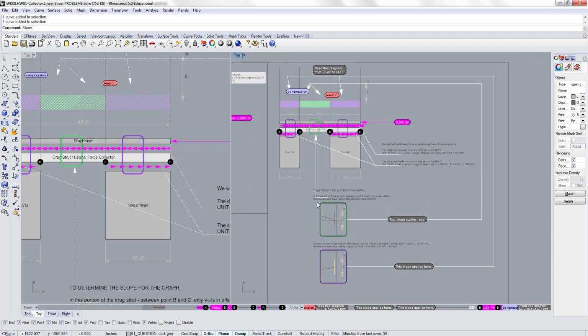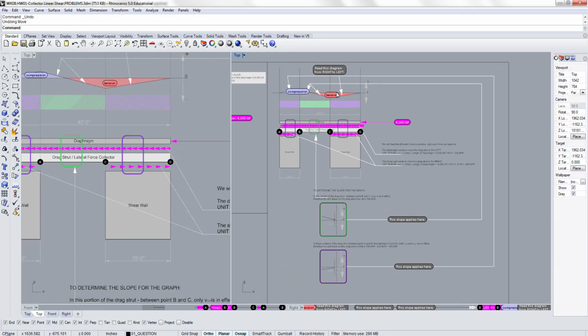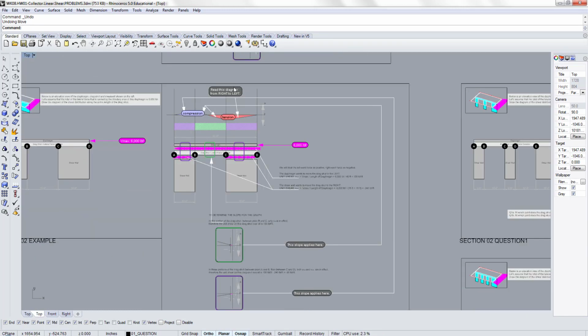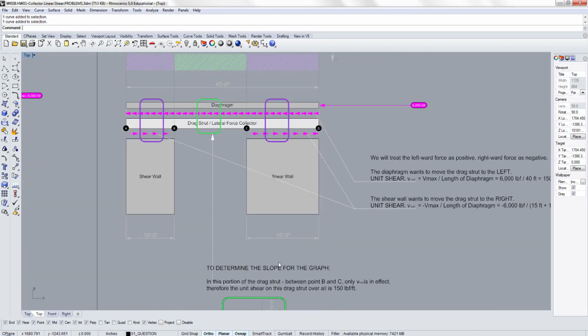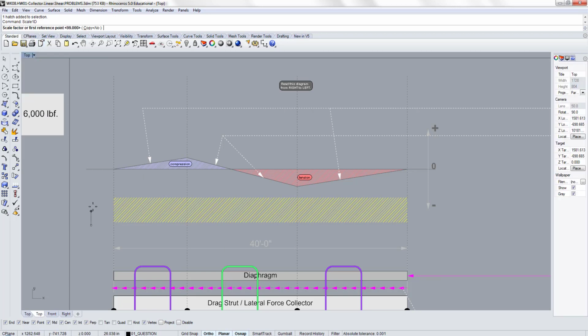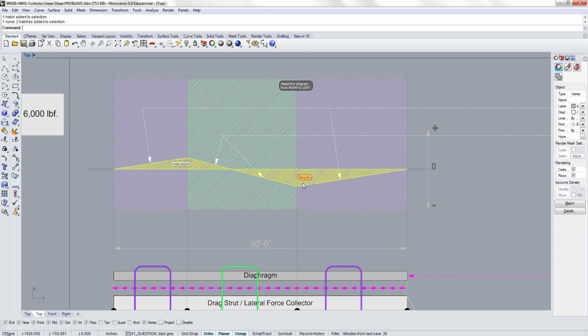So then this graph right here, if you read this, the green part, that slope applies, and the purple part, that slope applies. So I'm just copying these sloped lines up there.